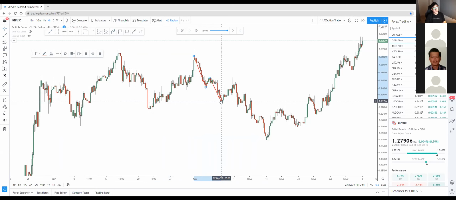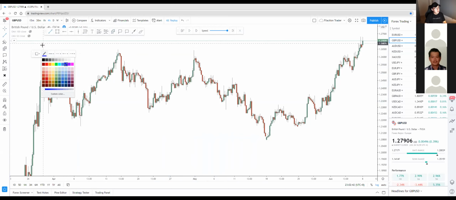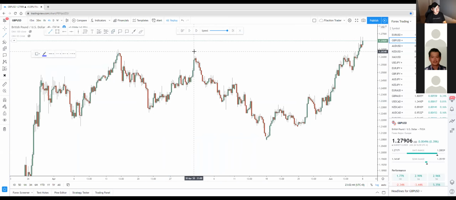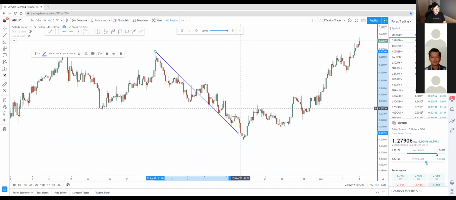So we know that market is in a downtrend. From here, we can draw our trend line for the downtrend. At first, we draw it here.